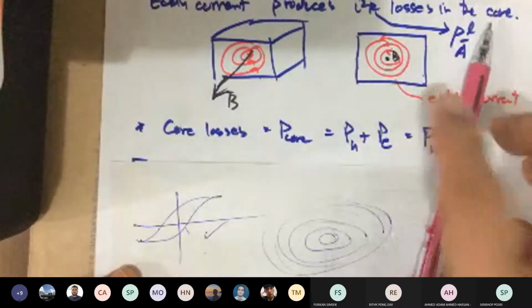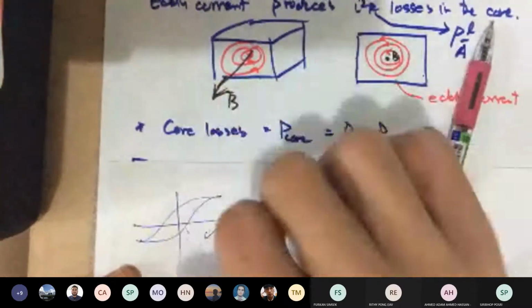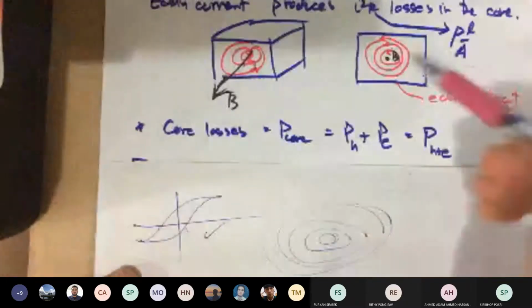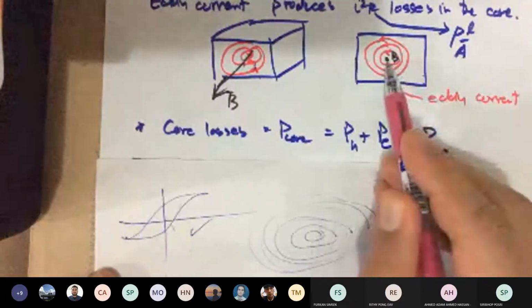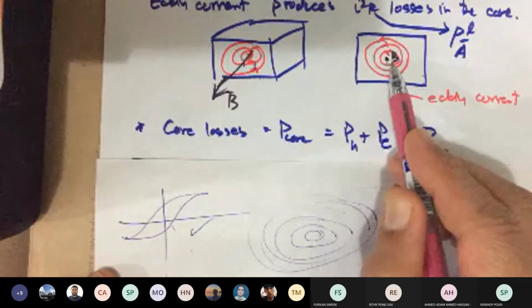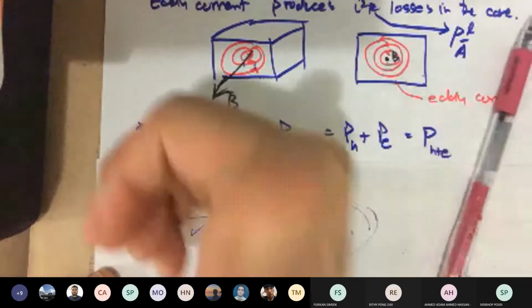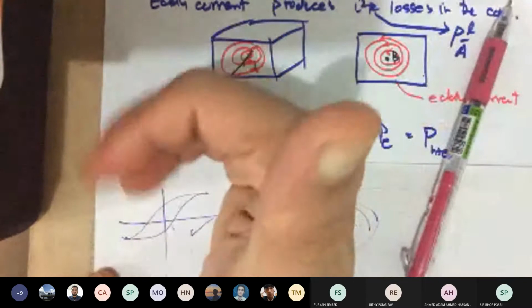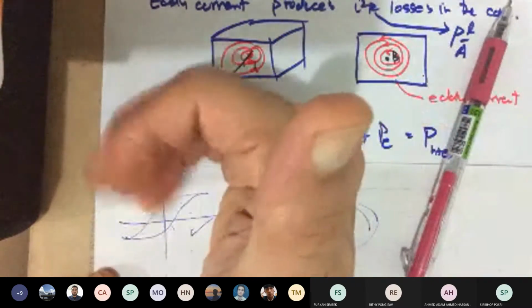Using your right hand rule, B is coming out. If you look at the top view, the black dot is the point of the arrow of your magnetic field B. Your fingers are going to show you the direction of the eddy current.